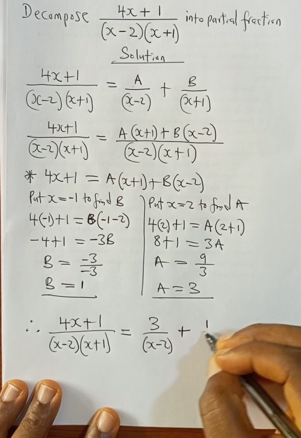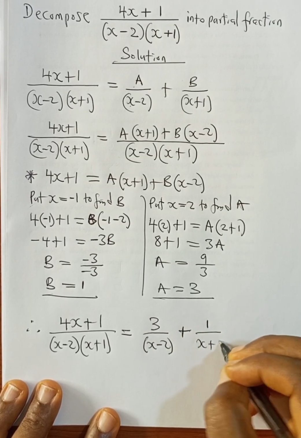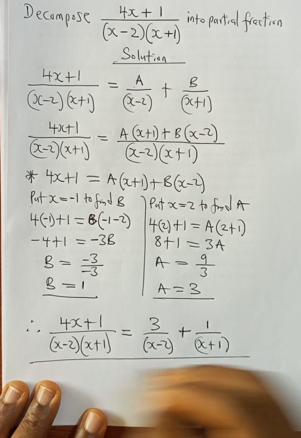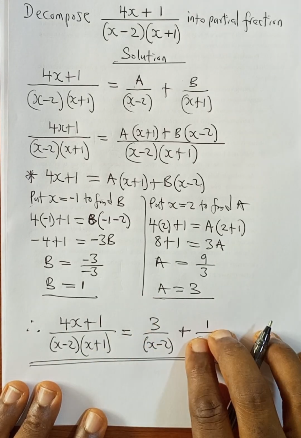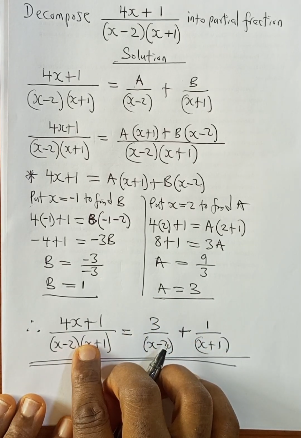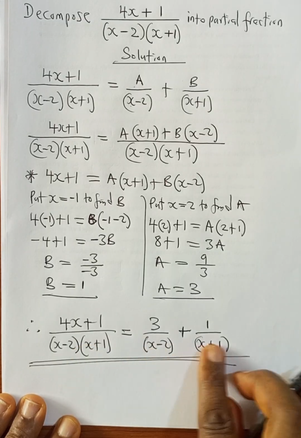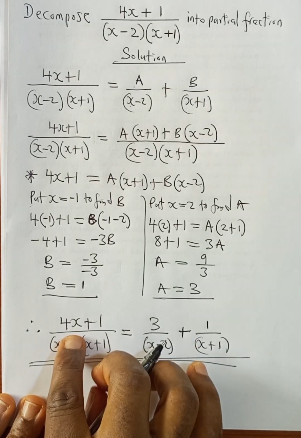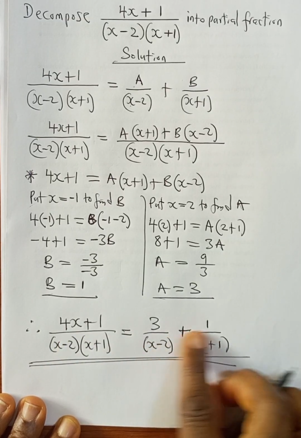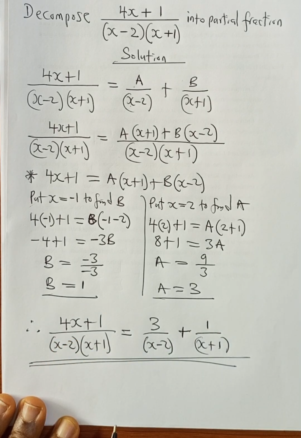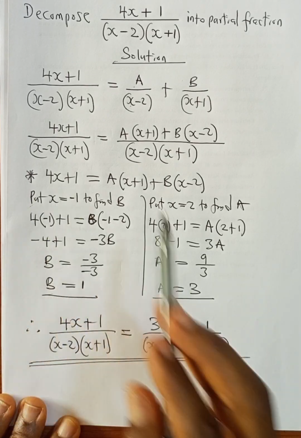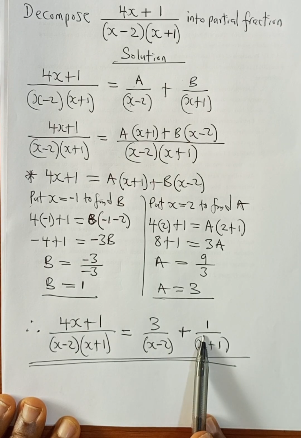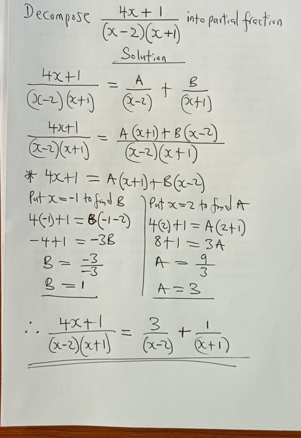So I'll put 1 here over S plus 1. So this is the answer. This left-hand side is the partial fraction of this one. Are you getting it? If you solve only this side now, you will get back to this. So we have succeeded in breaking it, splitting it, or decomposing it into partial fractions. That is what partial fraction is all about.